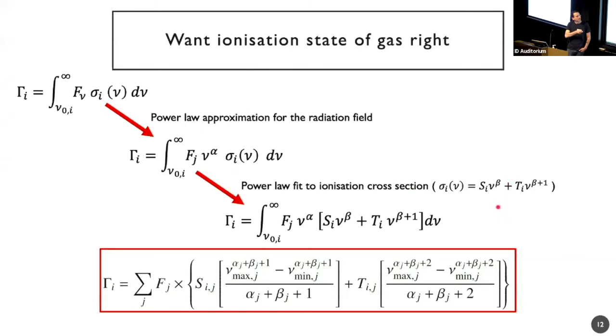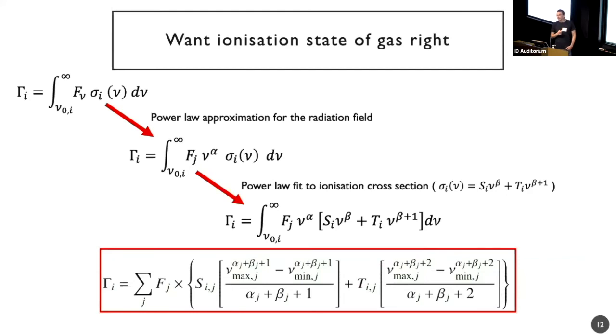This second term behind there is to get a handle on the errors at the high energy side of each bin. And so we get this expression here. This is analytically integratable over its bands. So we have a solvable equation which we don't have to iterate over during the on-the-fly calculations.